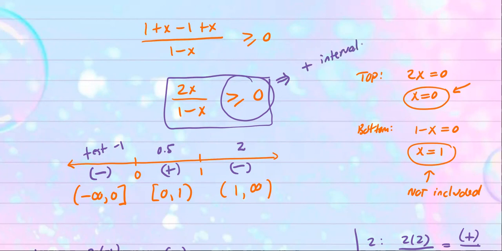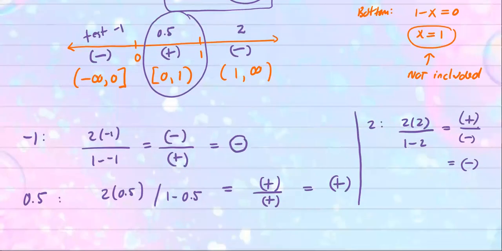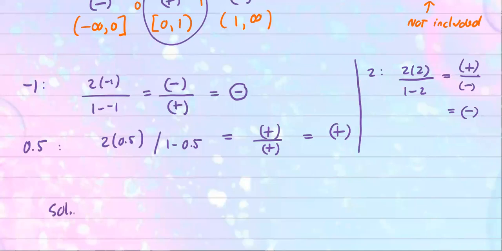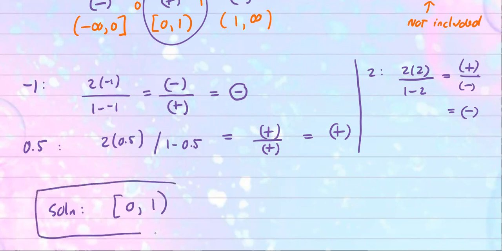Sorry about that. The interval where this is positive is only from 0 to 1. So our solution to this inequality is going to include 0 up to 1, not including 1. So that will be our solution to this inequality. All right, so this is it. I hope this makes sense.